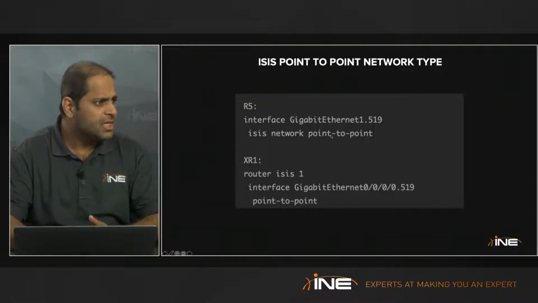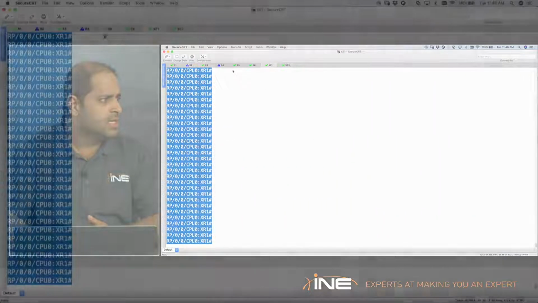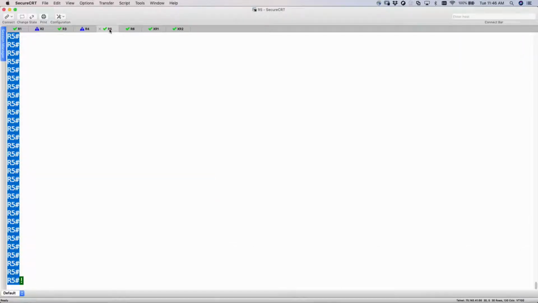So let's go and pull up our routers. Here I have router 5, and let's do a debug. I have already pre-configured ISIS, and I believe all the routers are configured as level 2 only. So show run section router isis.